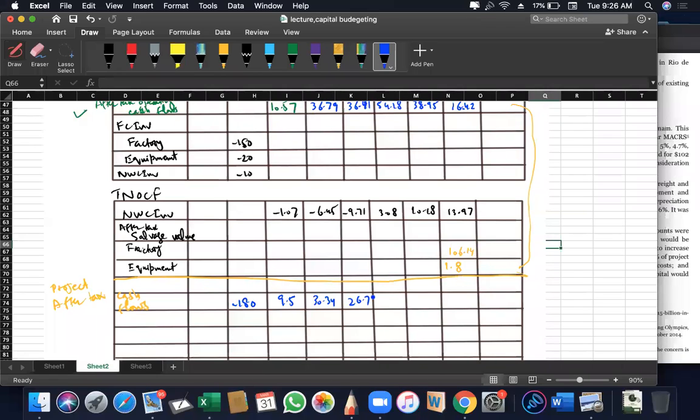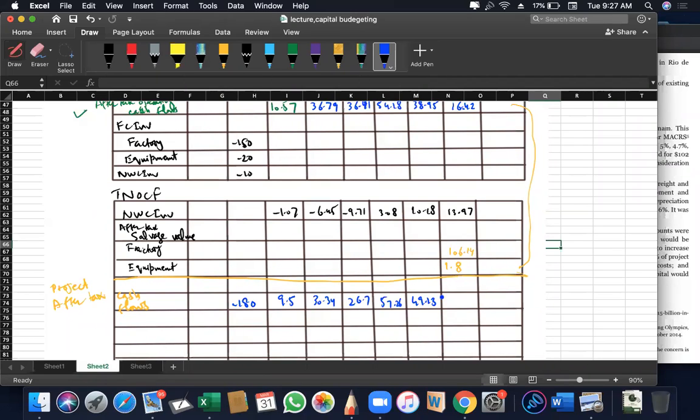Then 54.18 plus 3.08, because of the positive sign, so 57.26. 38.95 plus 10.18, you get 49.13. And here you have to add all: 16.42 plus 13.97 plus 106.14 plus 1.8.